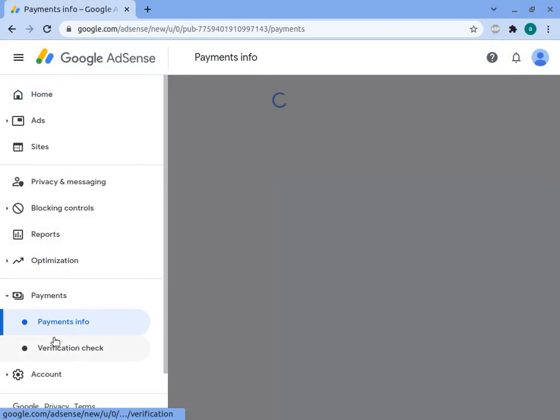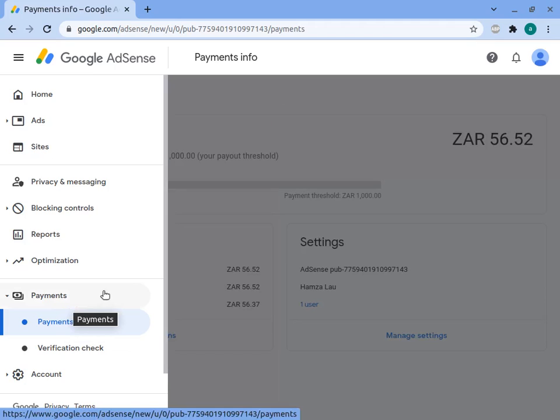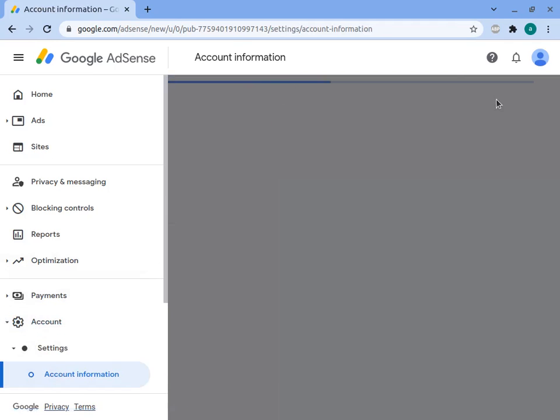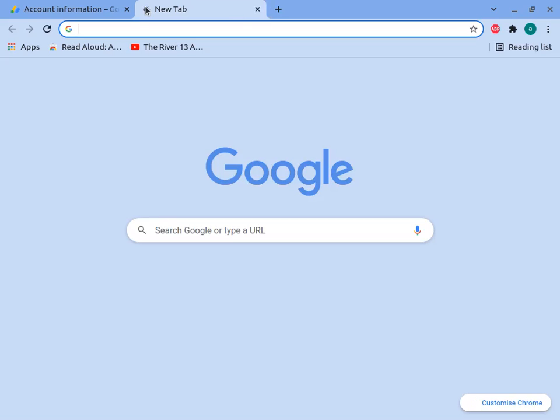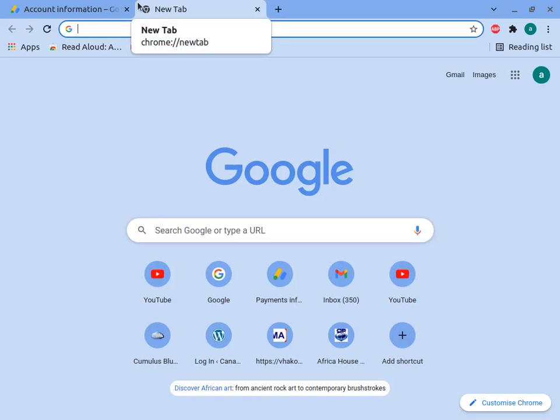Payments. Everything's fine now, like before. Accounts, everything's fine. So I hope that was the issue. But if you have a different ad block, do that.